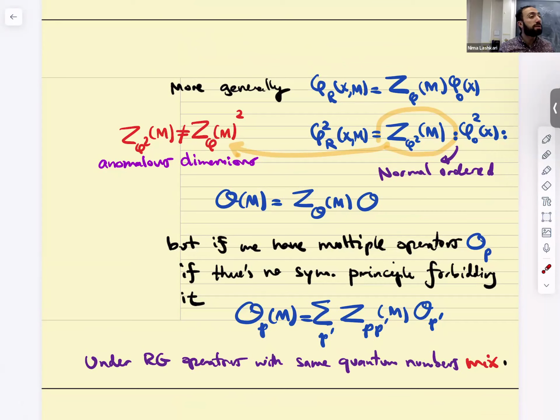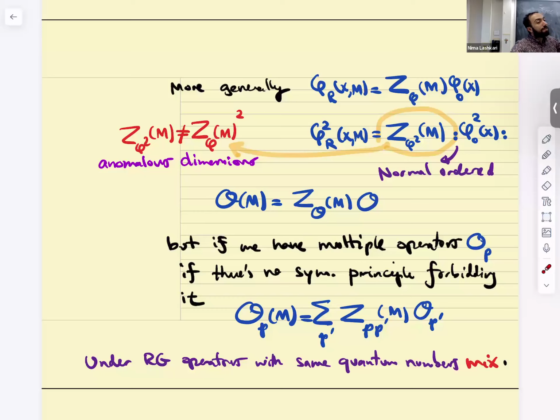You could talk about phi of x. Sorry, phi naught of x is a bare field. We said that once we renormalize, the renormalized fields become scale dependent.